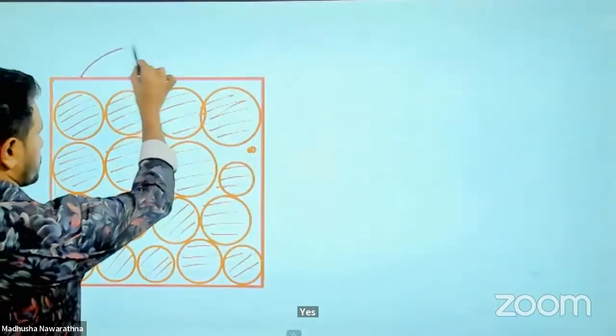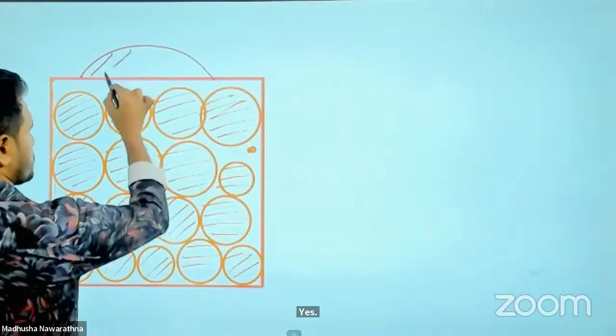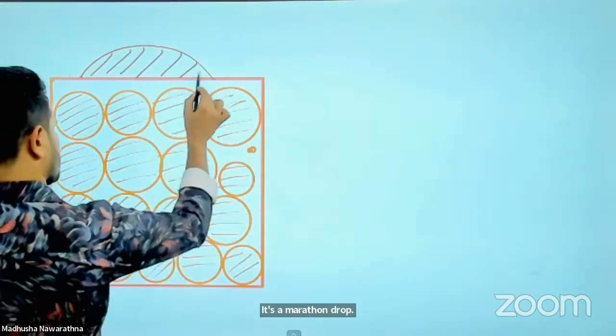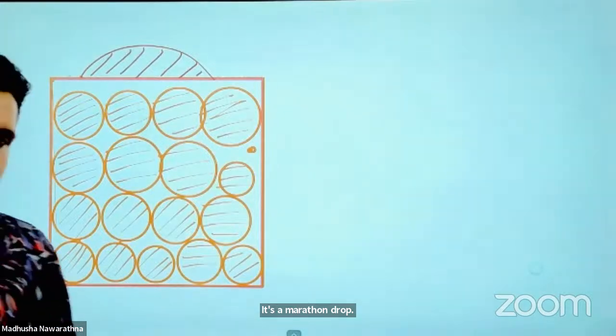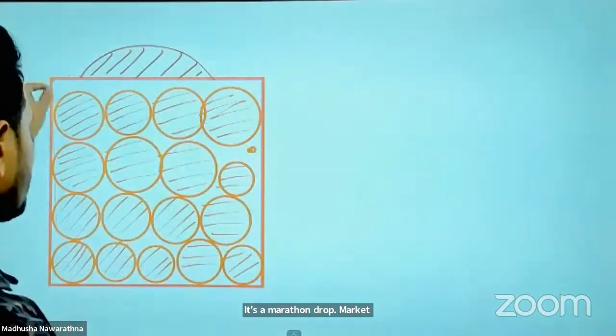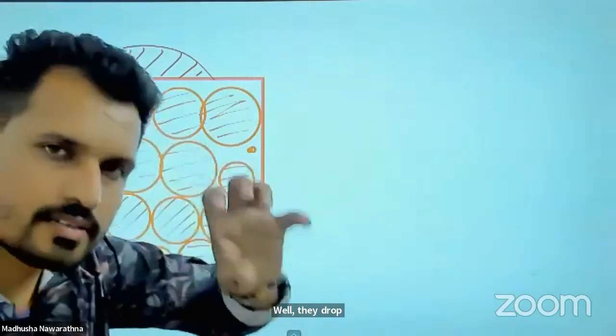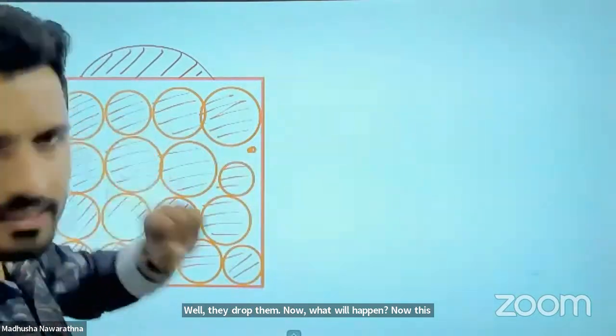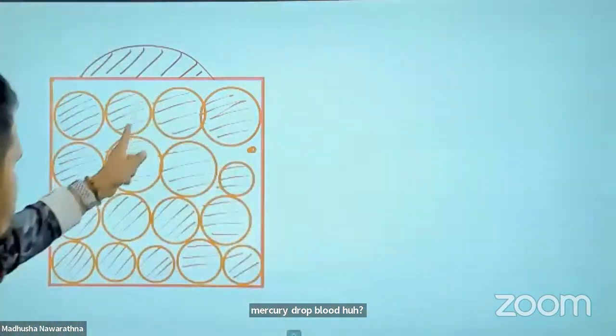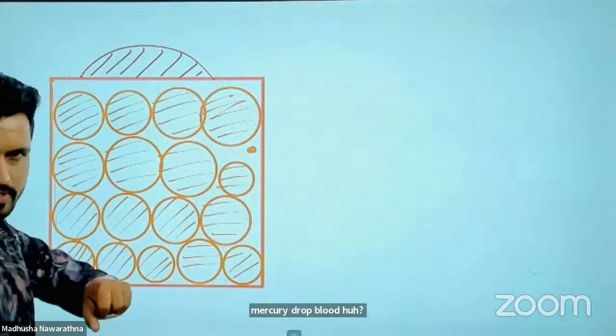This is a mercury droplet. Now what will happen? This mercury droplet consists of some other atoms. What is in the mercury drop? Mercury atoms.